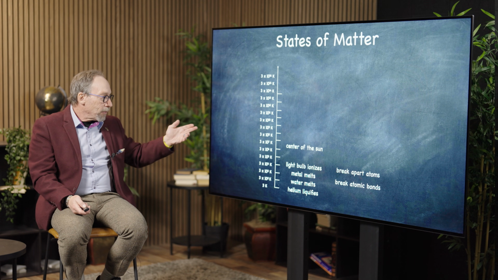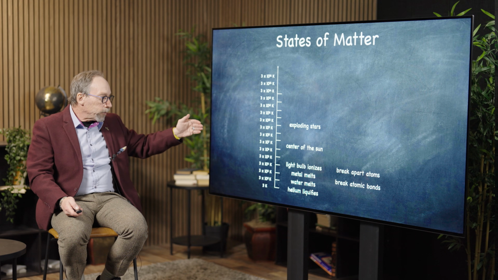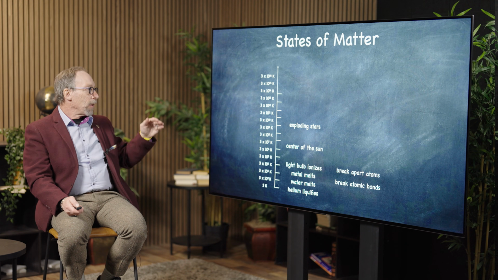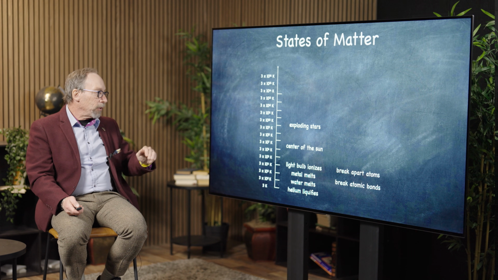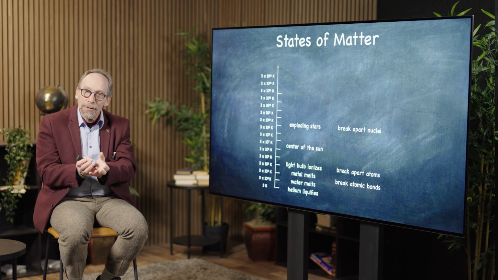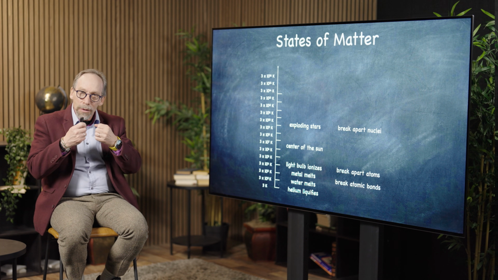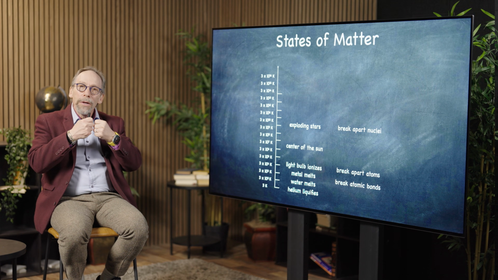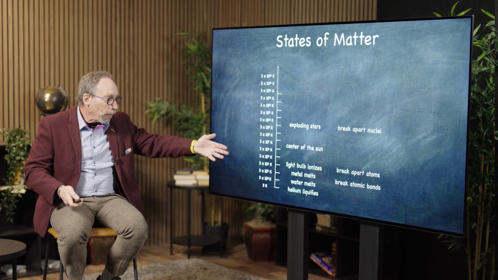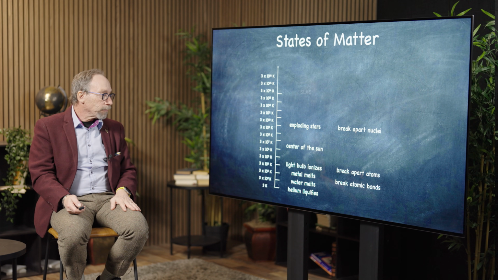You have to go up to the center of the sun, about 10 million degrees, and even more than that, a factor of 1,000 times that, 30 billion degrees, before you begin to break apart not just the outer parts of atoms, but the nuclei of atoms. Stars, when they explode, have inner cores heating up to a point where we can break apart the nuclei of atoms and put them together. And it's this process that produces the heaviest elements that we know of on Earth today.